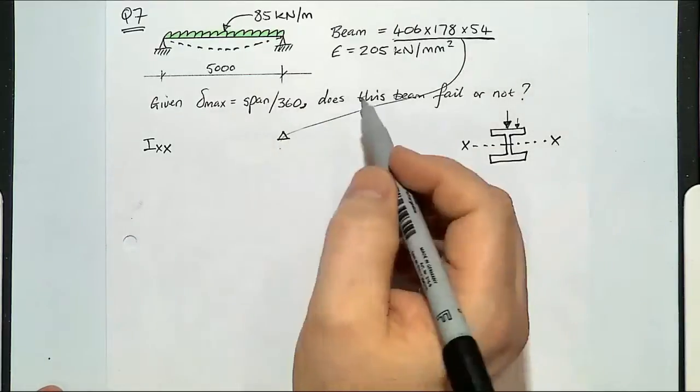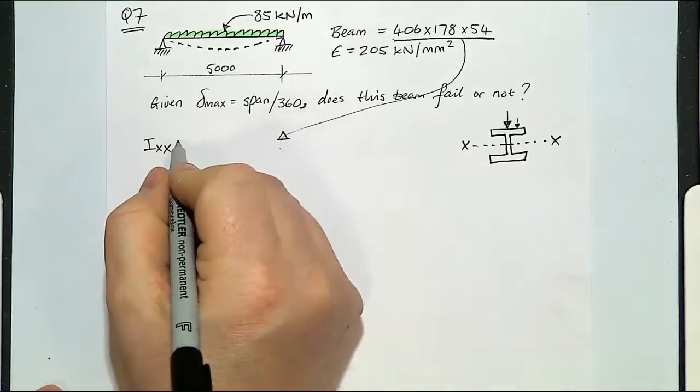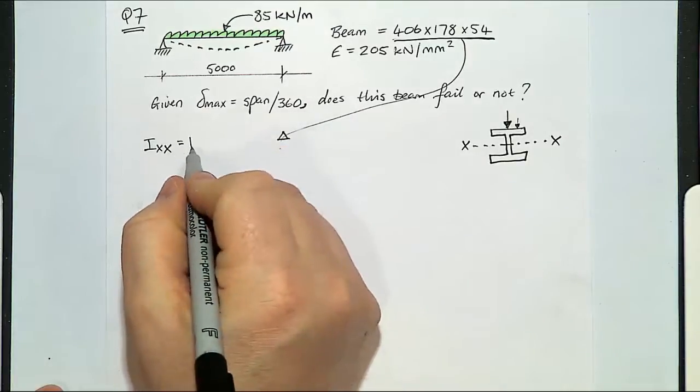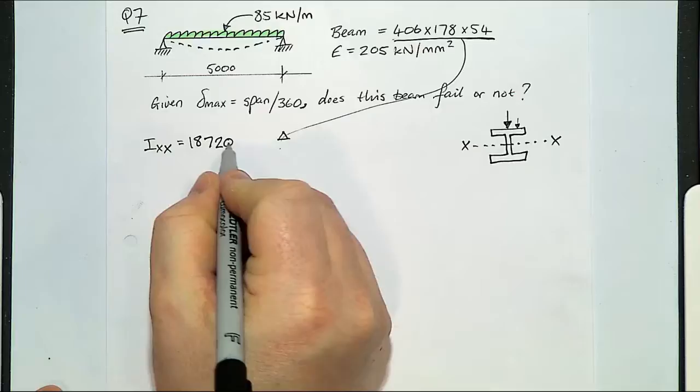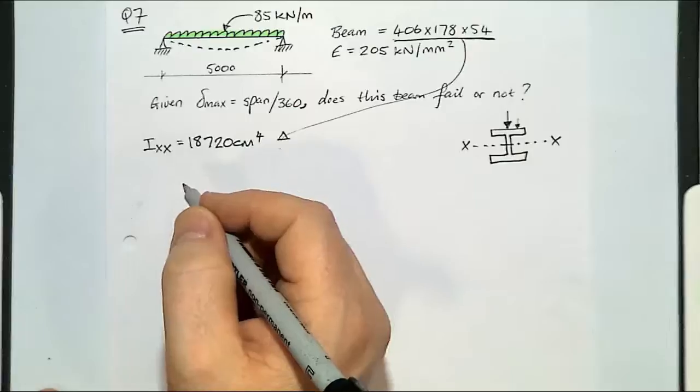But for this topic from last week, our IXX from the tables is 18720 centimetres to the 4. Now it's always best to put everything into newtons and millimetres or kilonewtons and metres.